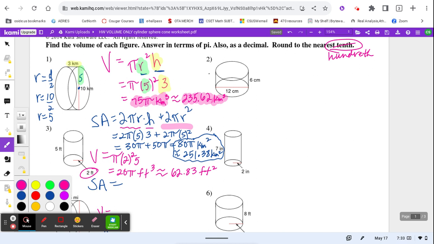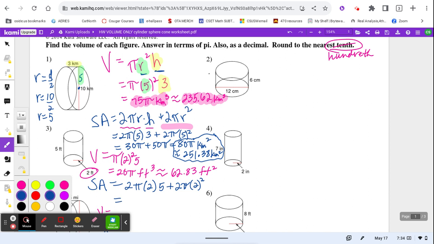Okay, surface area, let's plug into that one. So we've got 2 times pi times our radius of 2 times height, and then 2 times pi times the radius squared.